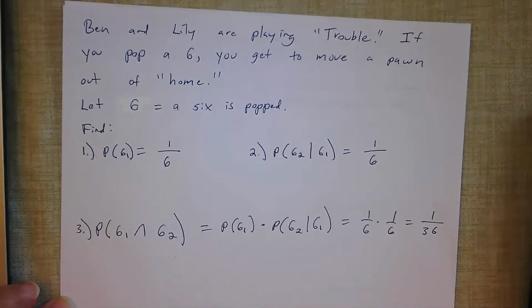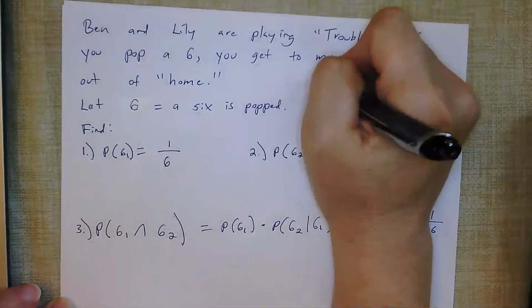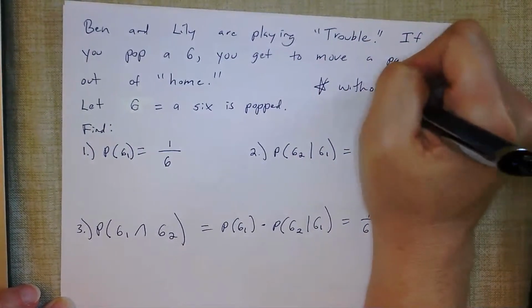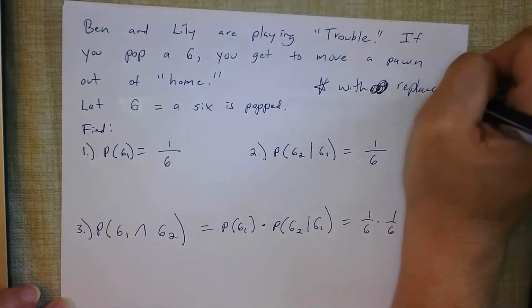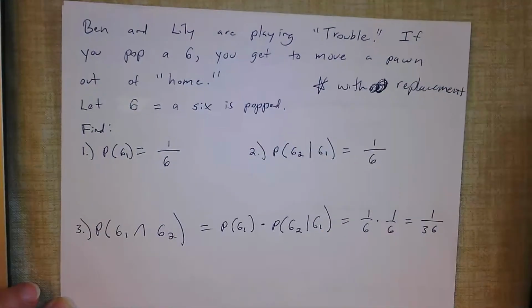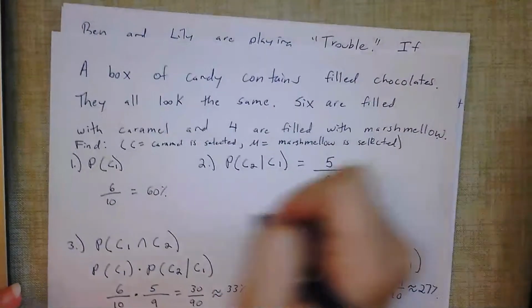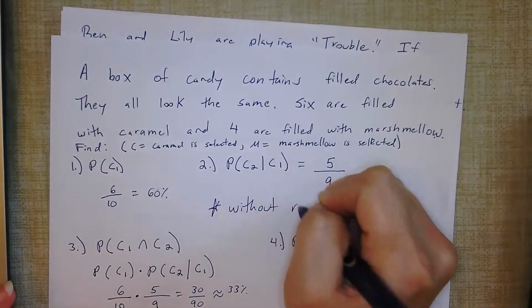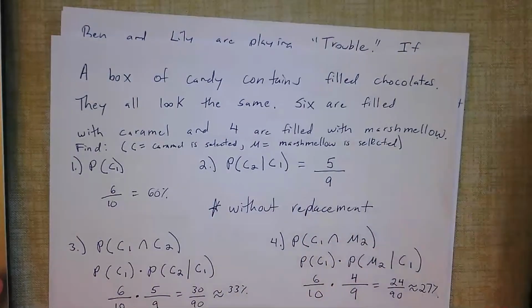Now with our candy problem and our dice problem, we've established that the dice problem is with replacement, in the sense that once I pop it, it doesn't go away. But the candy, you touch it, you take it. This is without replacement. Okay.